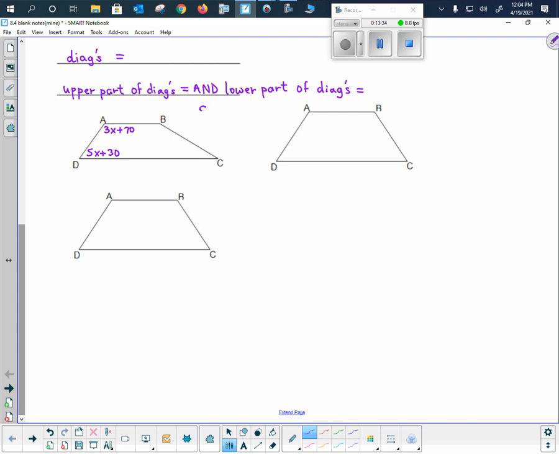We're asking you to solve for x, angle A, and angle B. Okay? All right, so if that's all that's in the picture, is that a trapezoid or an isosceles trapezoid?